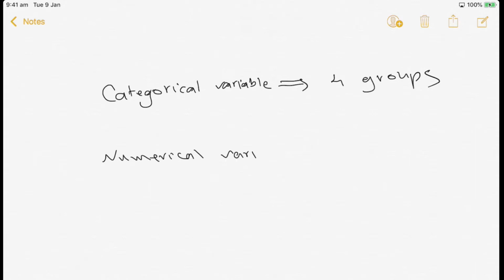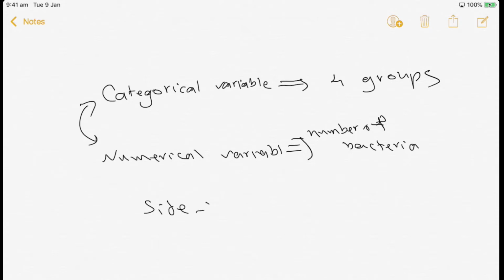What is that numerical variable? The number of bacteria that grow. Okay? So because we've got a categorical and a numerical variable, the best thing is to use a side-by-side box plot.